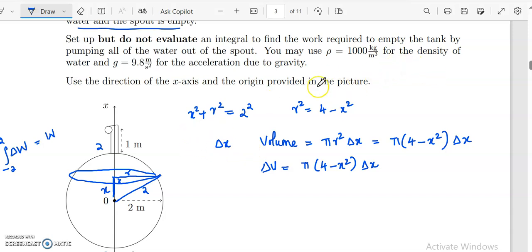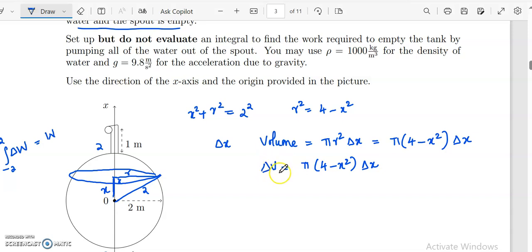Now we are given the density of water to be rho equal to 1000. So we have the volume of this very small slice of water. Now by density we mean density is mass per volume.